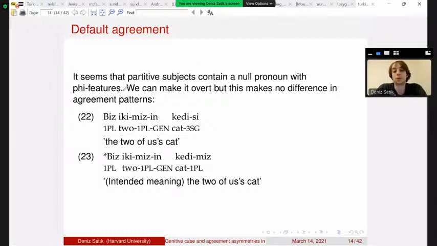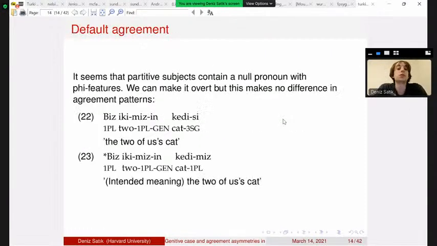Whether or not you make it overt, visible, it makes no difference in the agreement patterns. So, biz ikimizin kedisi, that's totally fine. Biz ikimizin kedimiz is still really, really awful. And I would hope that everyone in this talk agrees with me that 23 is really, really awful.